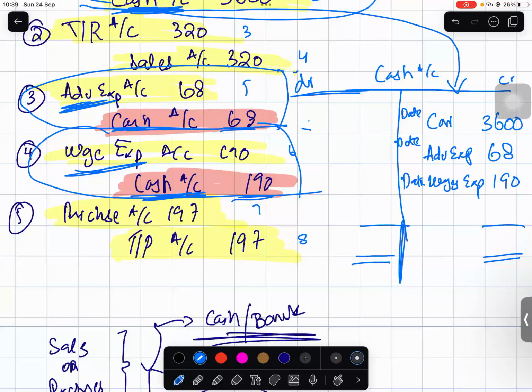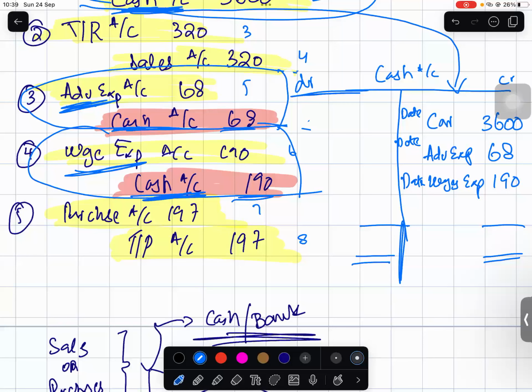For example, in our case, it is this side, the credit side, 3600 plus 68 plus 190. I think this will be 3858.